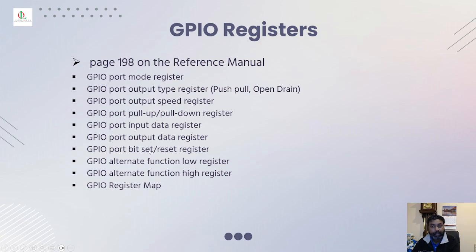You can either set the bit or reset the bit using the bit set reset register, and the alternate function register can be divided into two, a low register and a high register. And there is a GPIO register map where you can see which register is mapped where, which I will show you shortly.